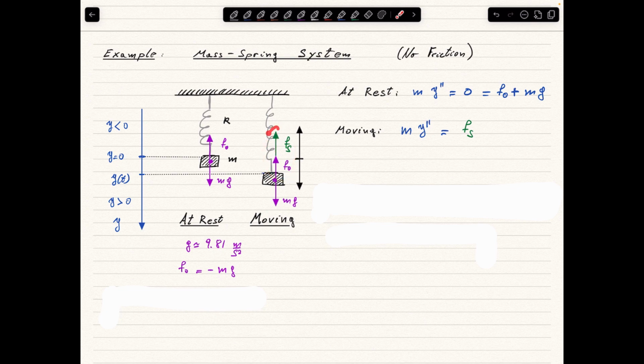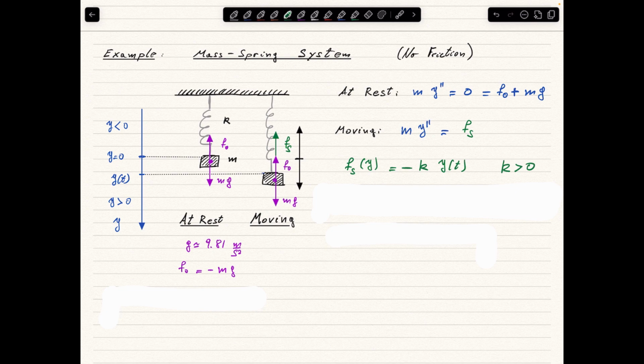So we need to know the expression for this force, and that force is actually measured in the lab. One can find out that the force Fs of y depends on the displacement, on how far from equilibrium we are, and is proportional to the displacement, with a positive proportionality constant and in the opposite direction of the displacement.